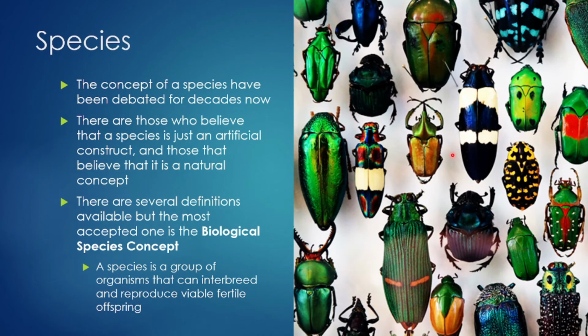There are several definitions available of a species, but the most accepted one is the biological species concept, where species is defined as a group of organisms that can interbreed and reproduce viable, fertile offspring. So their descendants can also reproduce within the same group of species.